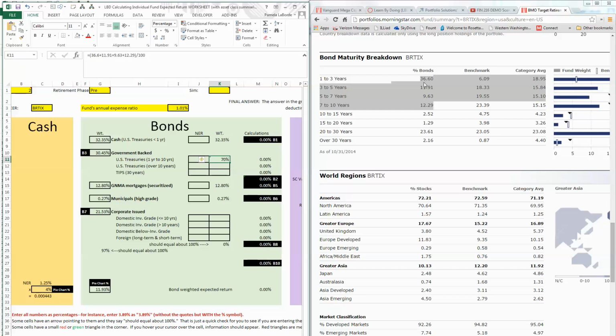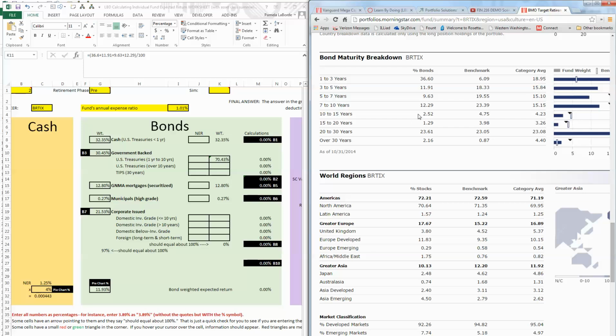Just a quick check to see if about 70% makes sense. So 36, 46, 56, 66, 67, 68. So that's about 70%. And if I want it to carry it out a couple more decimals, I can just click this.